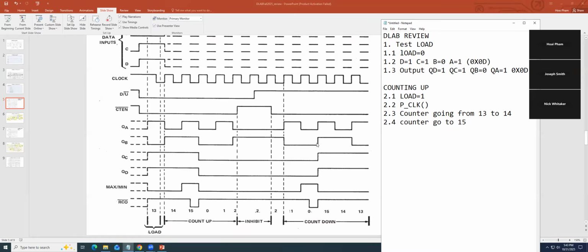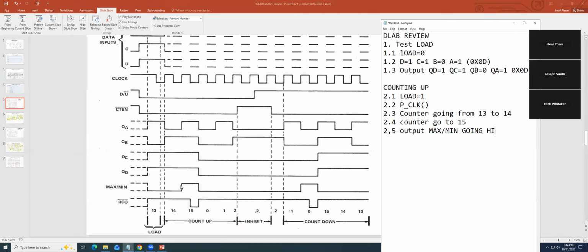Okay. However, if you're looking at the max output, correct.